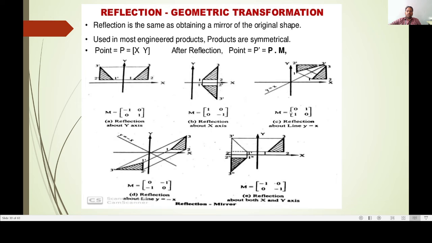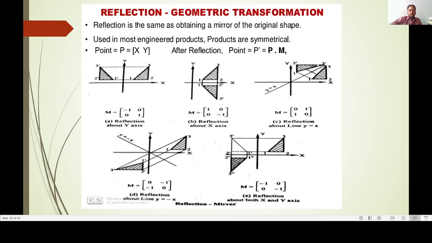Next, reflection about the line y equal to x, that is an inclined axis, so we reflect the object about it. The matrix is 0, 1, 1, 0. There is no minus sign because it is an inclined line. Next, the fourth option is reflection about y equal to minus x.